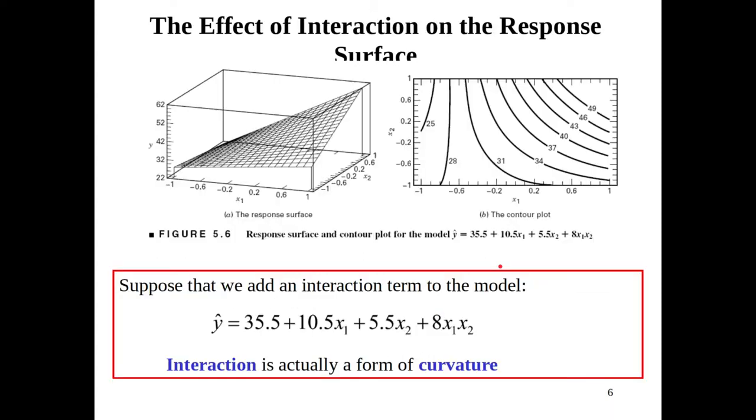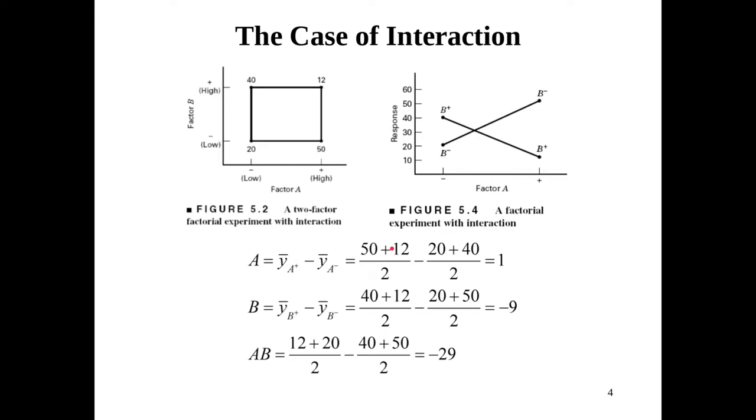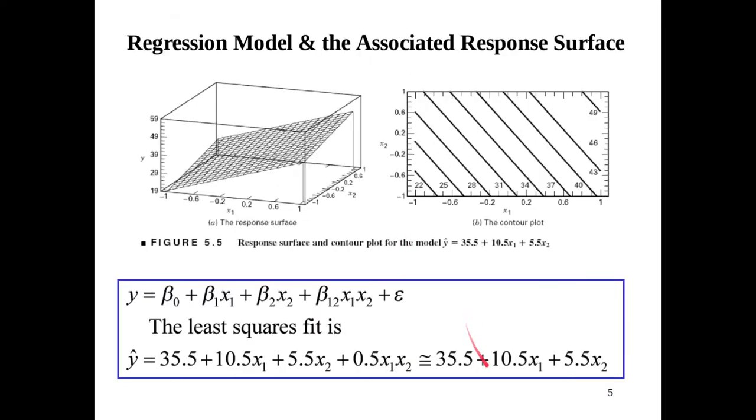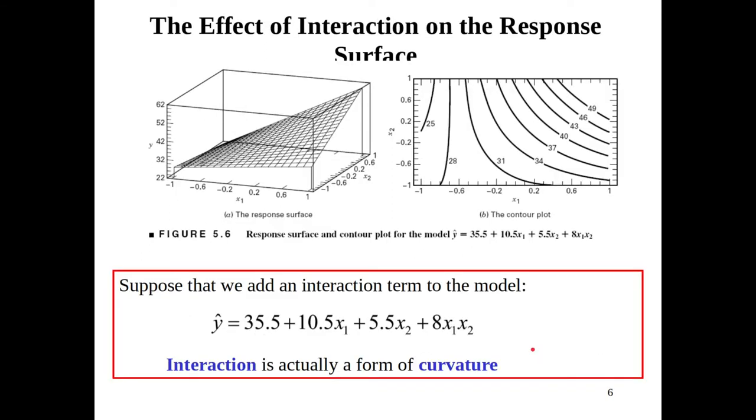So now this plot here, that is not for this problem. That plot is made by just adding a hypothetical interaction term to this regression model. We just added a significant interaction term, 8x1x2, which is basically half of the main effects, right? 10.5 plus 5.5, half of that is approximately that much interaction we added.